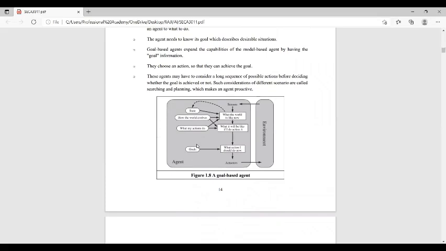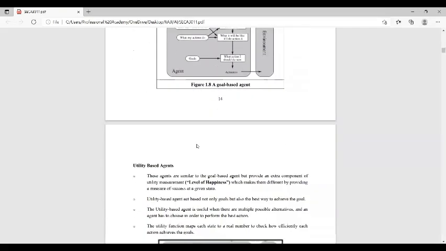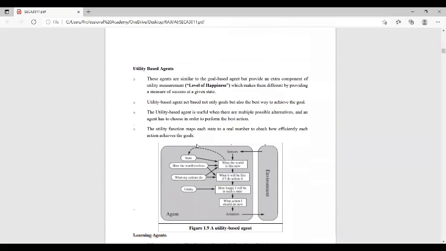It senses something in the environment, that is the current state, and checks the current state against the past state to see what actions to do. Based on that, it creates one action to do. Then we check whether the action achieves the goal or not. Based on the goal, it changes the environment. That is called a goal-based agent.